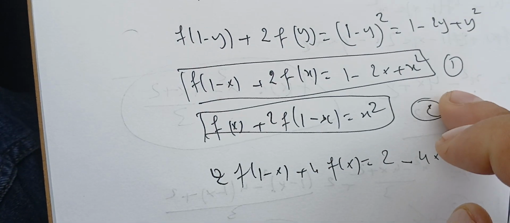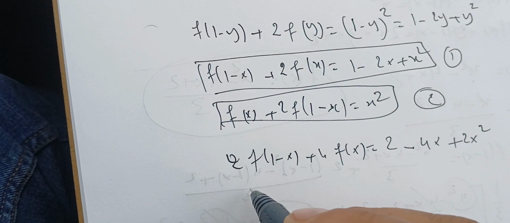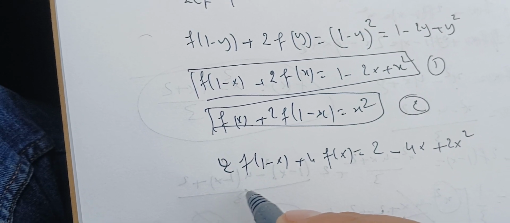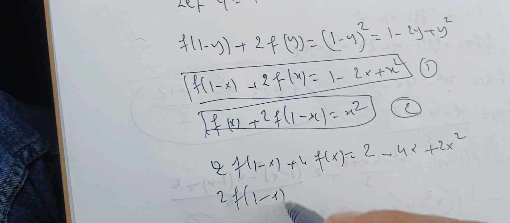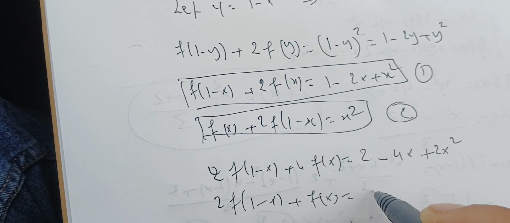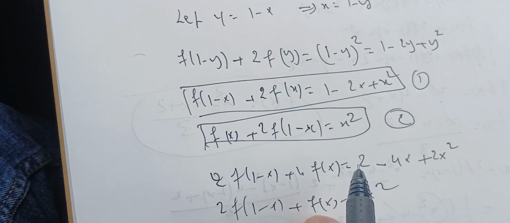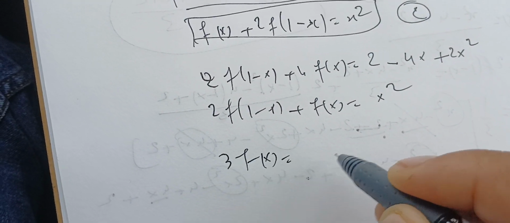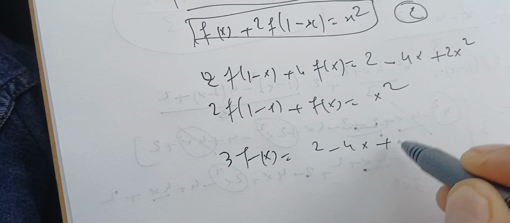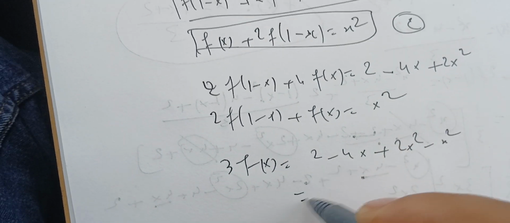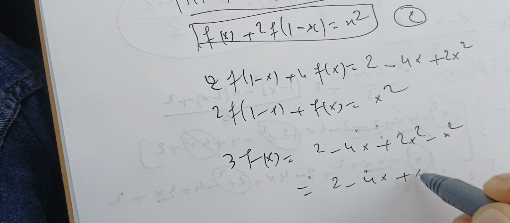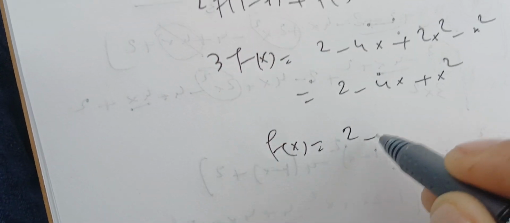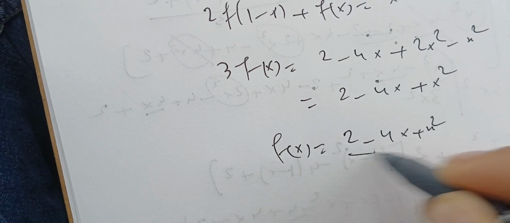The second equation, let me switch this one to the front, is f of 1 minus x plus 2f of x equals 1 minus 2x plus x squared. So subtracting now, we get 3f of x is 2 minus 4x plus 2x squared minus x squared, which is 2 minus 4x plus x squared. So we have f of x is (2 minus 4x plus x squared) over 3.